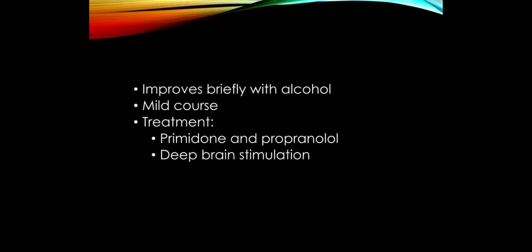Interestingly, most step 1, step 2 board review books list propranolol as the drug of choice, but every neurologist I've ever worked with tends to start with primidone first. I don't know that there's any difference really in efficacy between the 2. If we have a really severe case, we can do deep brain stimulation. You put a probe in the brain, and you don't need to know the details of that, but it actually can be quite helpful.